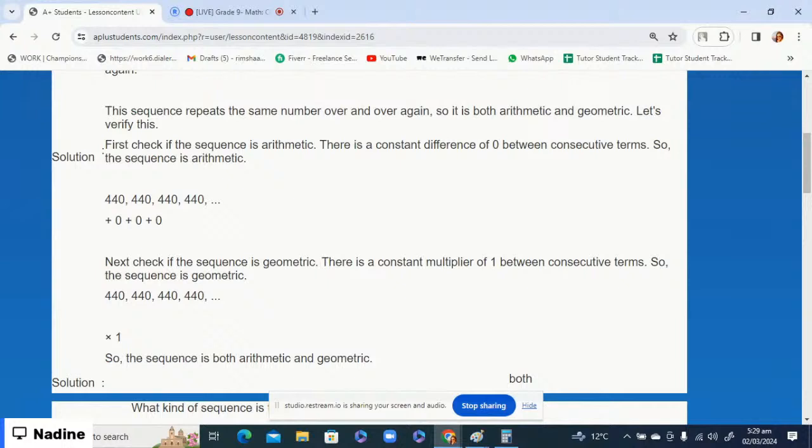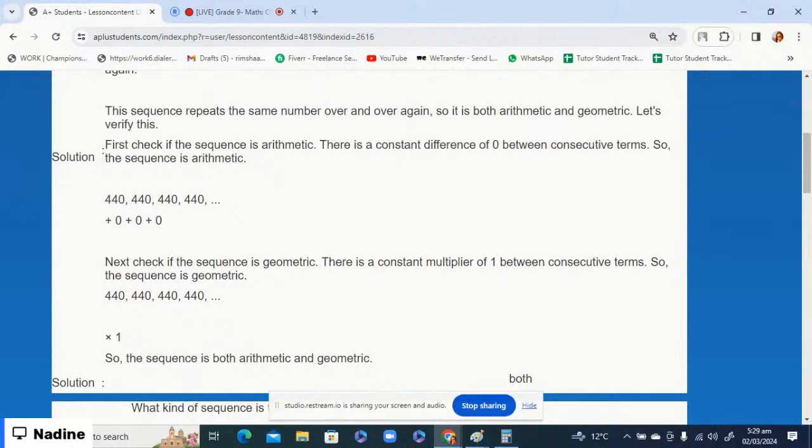So here we check the difference, that is a constant difference, which is 0 in these terms, because all terms are same, so there is no difference.